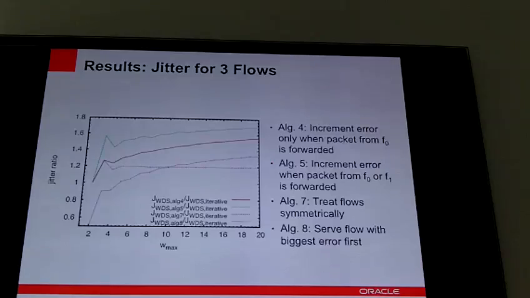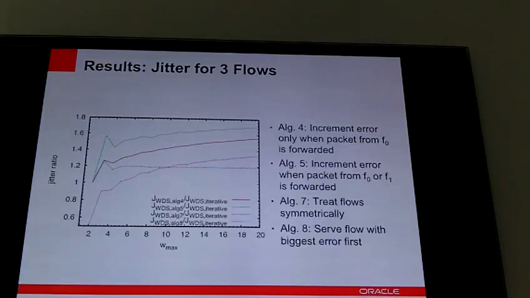And algorithm 8 is an extension of that scheme in that it orders the error values and serves the flow with the largest error value first. This is computationally expensive and probably not doable in most implementations, but we did it to see how it would perform.